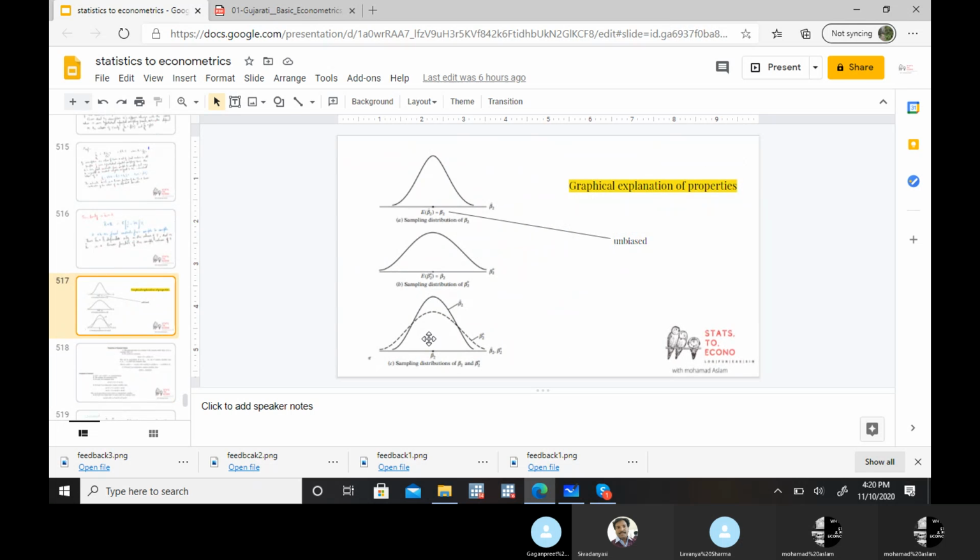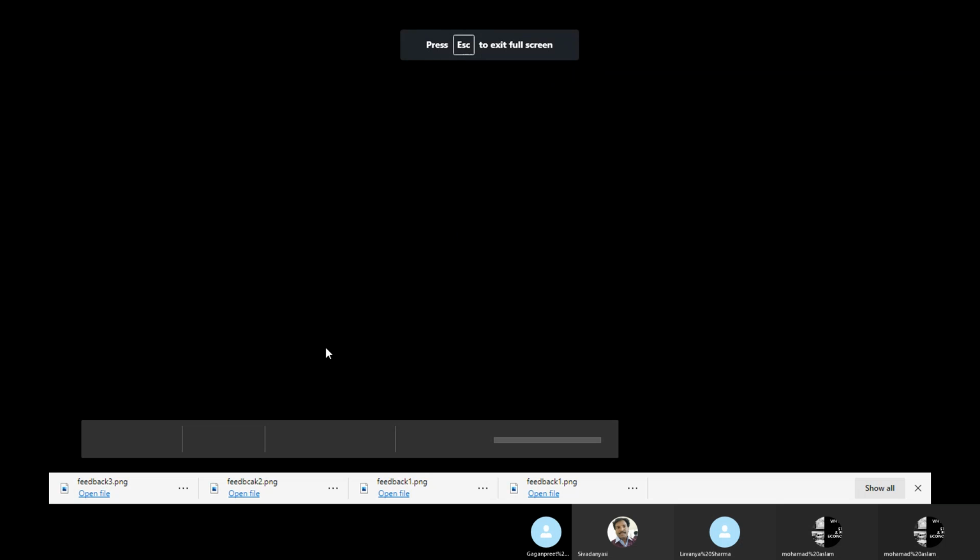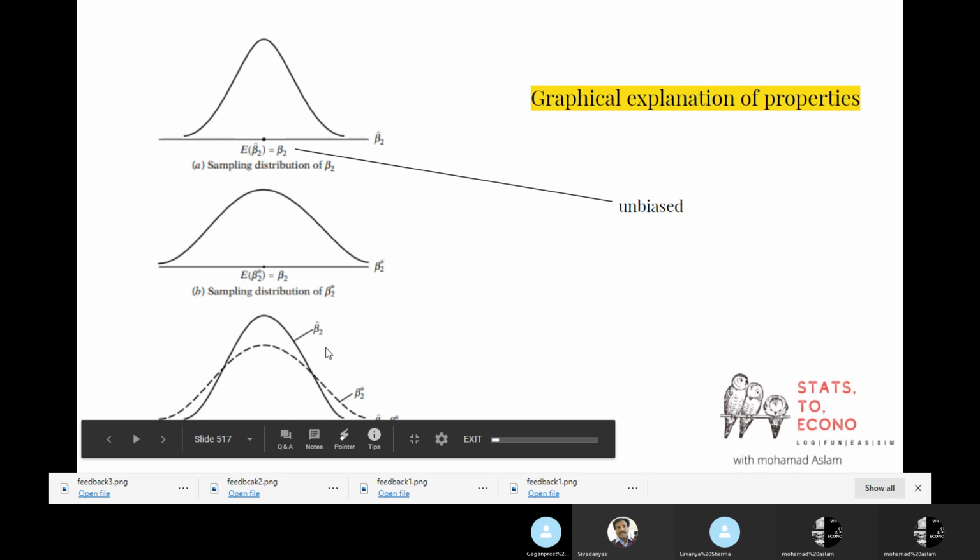This last diagram. Let's suppose we have two different slope coefficients, beta 2 hat from the OLS method and beta 2 star from any other method. The variance of beta 2 hat, from the OLS method, is minimum as compared to any other.